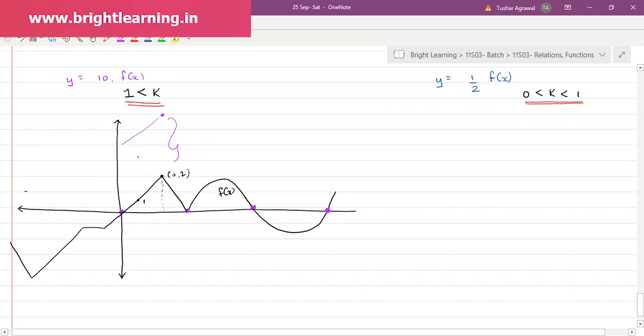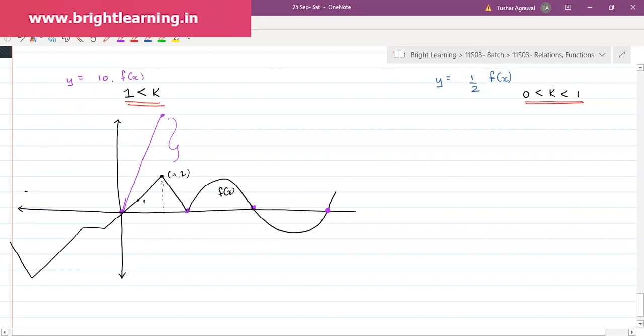The purple point image is 10, meaning the vertical jump is of 9 units only. The distance it is shifting upwards is not the same for everyone. So this graph is this way. We are not shifting it. It is getting stretched, kind of a stretch.